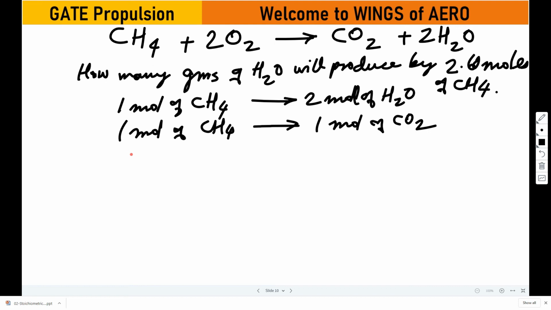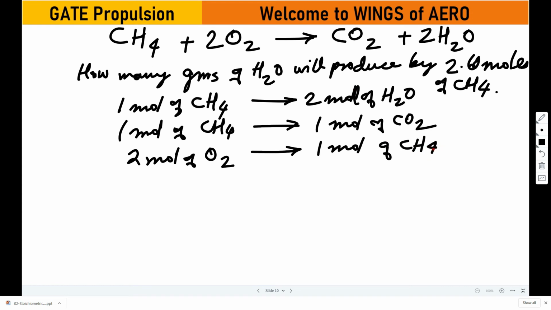We can also say 2 moles of oxygen are required to burn 1 mole of CH4.